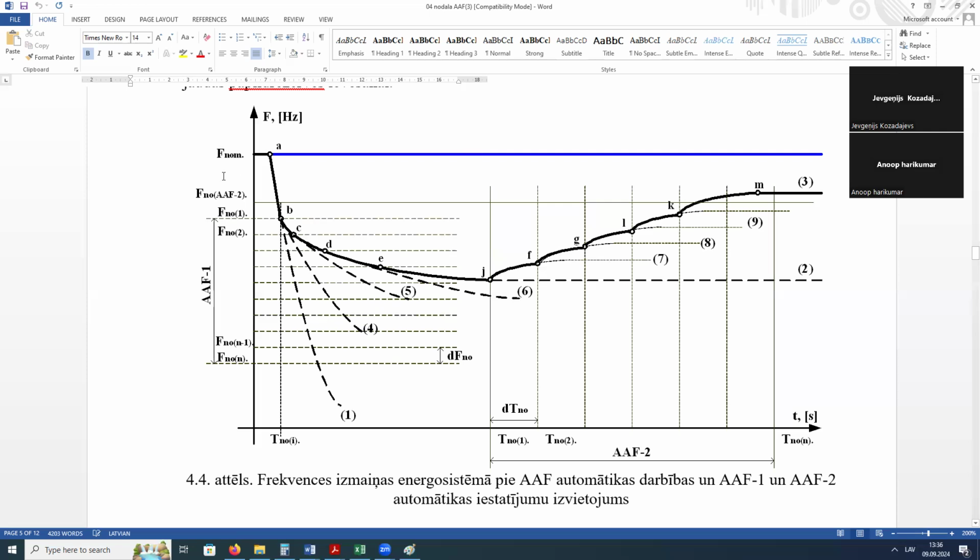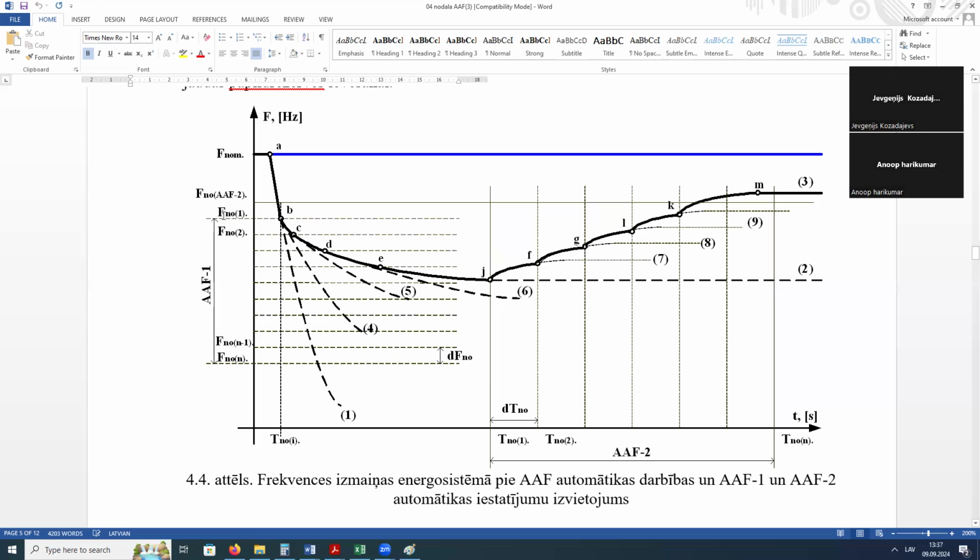First of all, here we have the nominal frequency. We have some trouble in the system, some fault, and we have this deviation, the drop of frequency. Under frequency automation has a special set point, a frequency level set point, to understand that we have problems the regulators cannot deal with, and we need to disconnect the load.